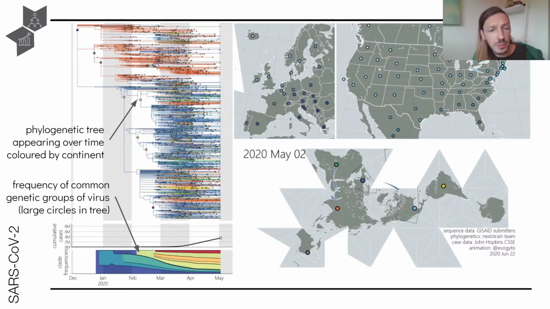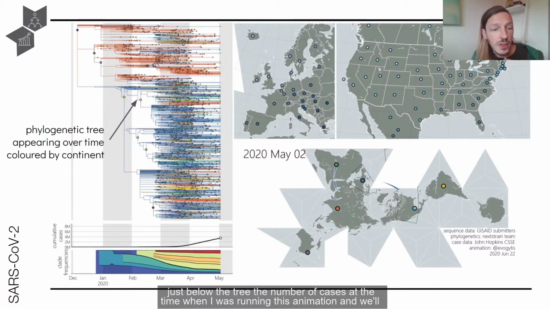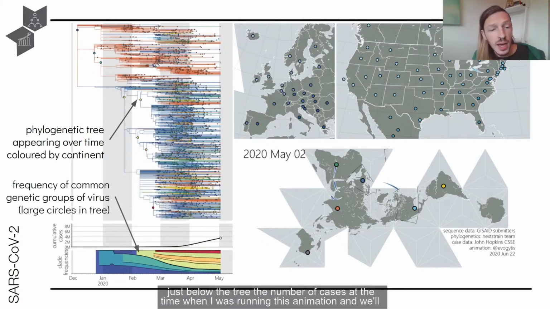We'll have just below the tree the number of cases at the time when I was running this animation, and we'll have that Muller plot-like graph that I showed earlier that's just tracking the frequency of particular groups within the larger phylogeny.